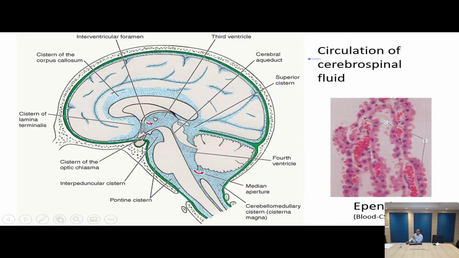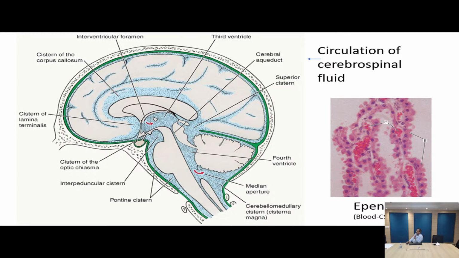So what are the meningeal layers covering the brain? The outside one is the dura mater, then comes the arachnoid mater, and then comes the pia mater. Now if you ask me between which two layers the CSF is located, then the CSF is located here between the pia mater and the arachnoid mater.